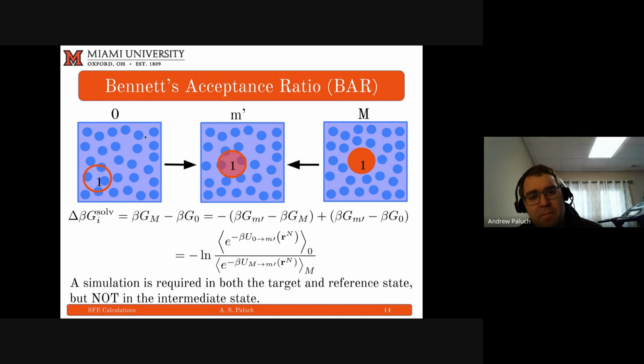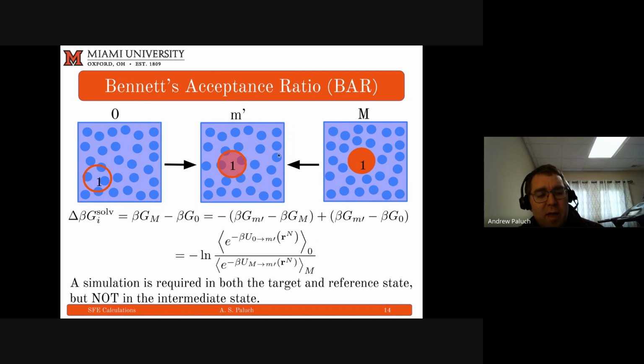And so the key then is I can perform a simulation just in state 0 and calculate the free energy difference between state 0 and M prime. And then I could also go in the opposite direction, and perform a simulation in state M and calculate the free energy difference between state M and M prime.